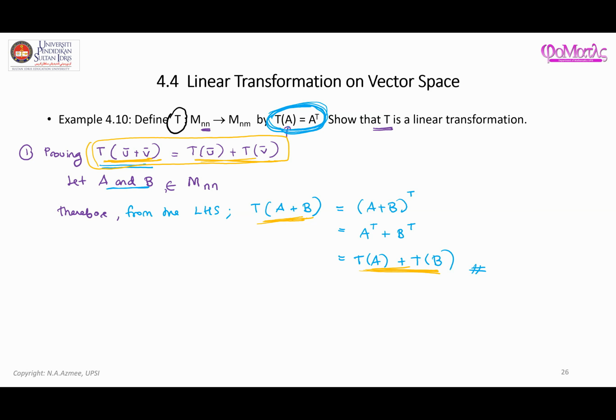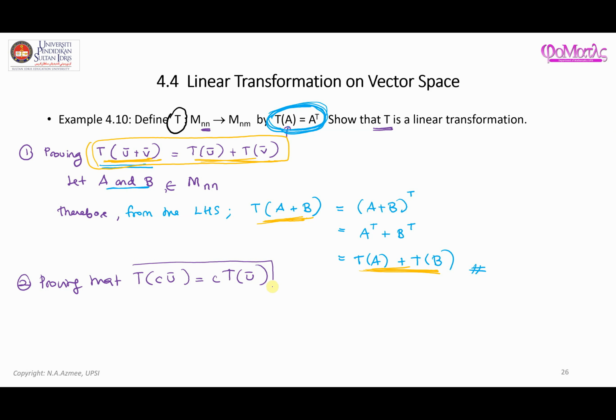All right, next we are going to try to prove that T of c times vector u must be the same thing as c times T of u.